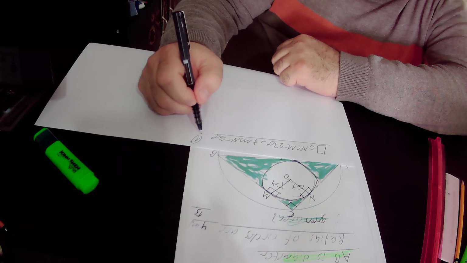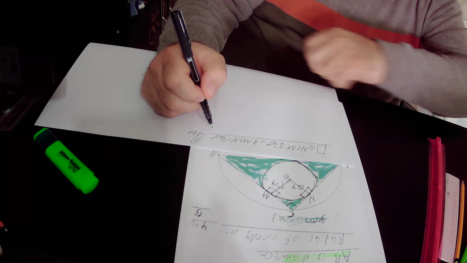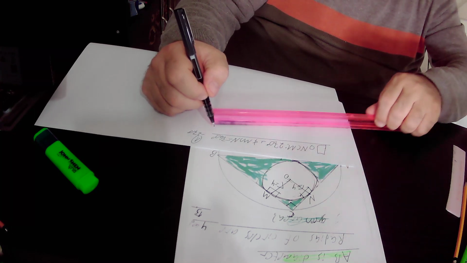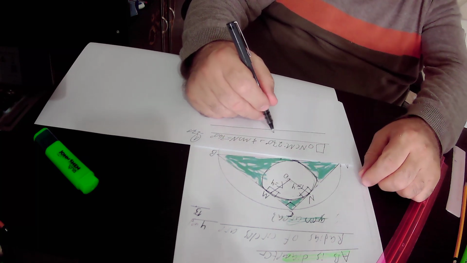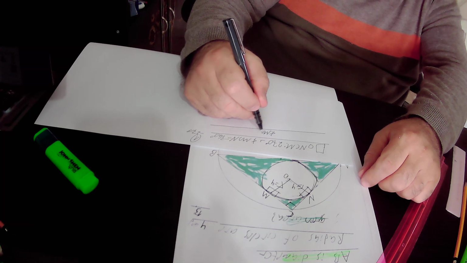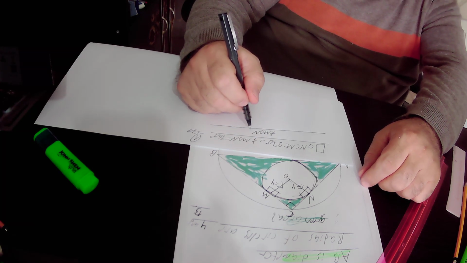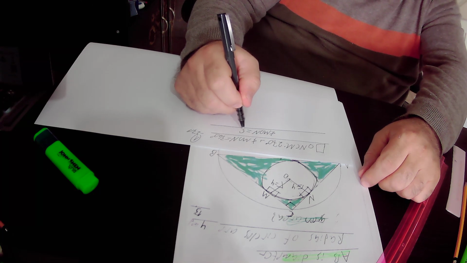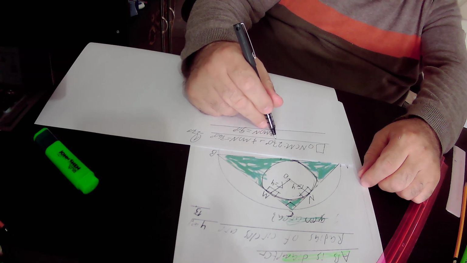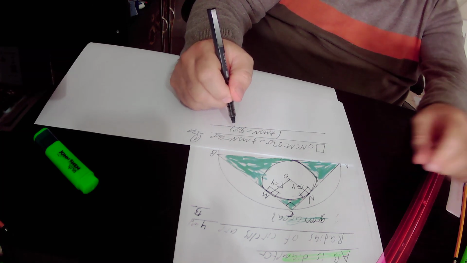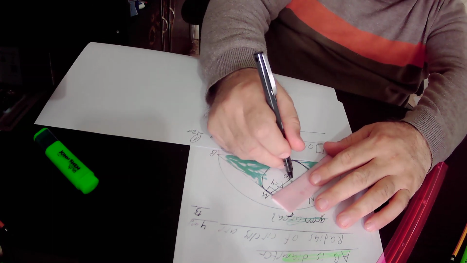So we subtract 270 degrees, and we get that the missing angle MON equals 360 degrees minus 270 degrees, which is 90 degrees. Okay? So this angle MON is a right angle, equal to 90 degrees.